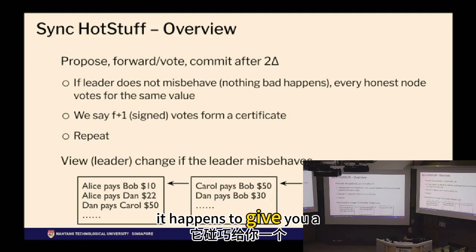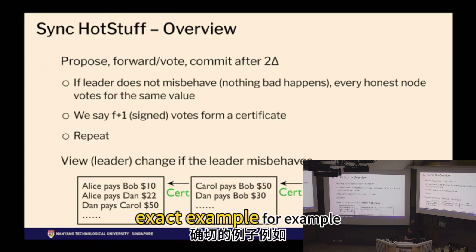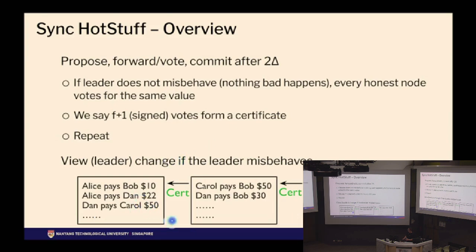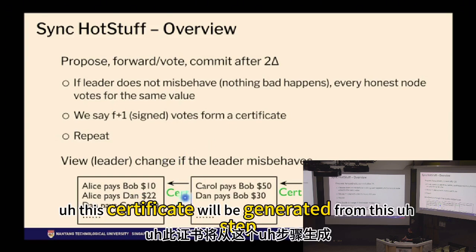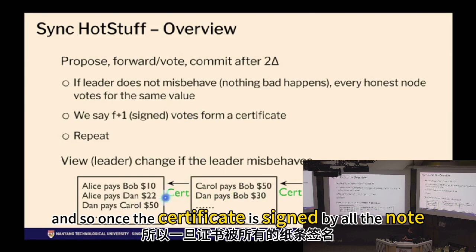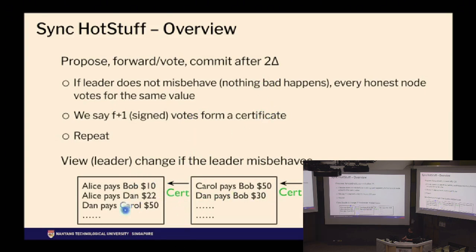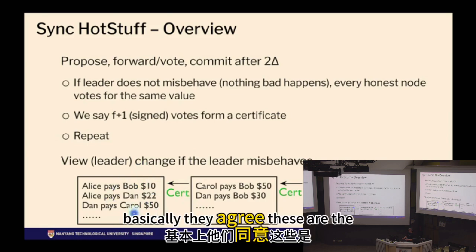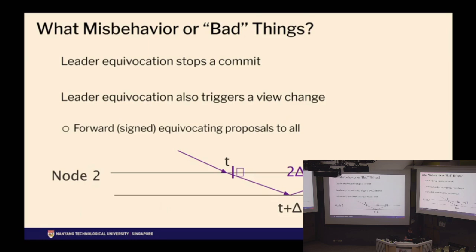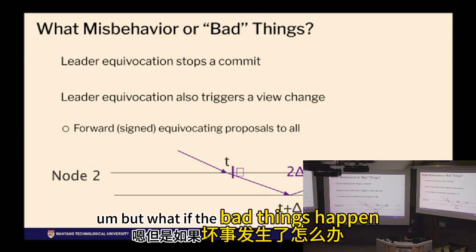To give you an exact example, these are the transactions in the block, and this certificate will be generated from this step. Once the certificate is signed by all the nodes, basically they agree these transactions will be committed. But what if bad things happen?